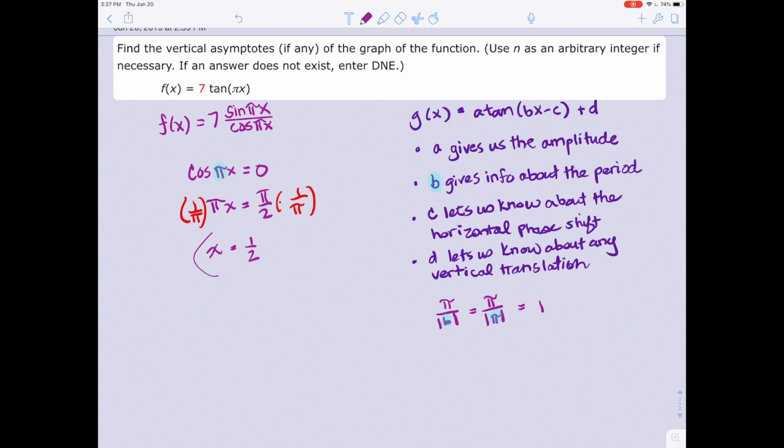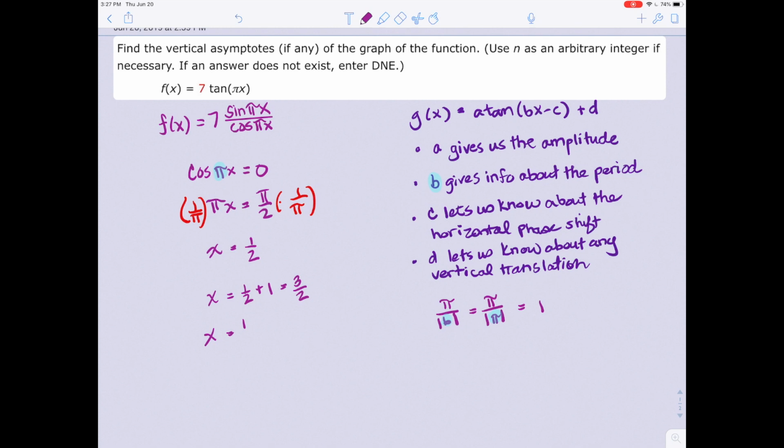We found the location of our first asymptote, right? And then if we add 1 to that, what would we get for our next asymptote? Well, x would also have a vertical asymptote at 1/2 plus 1, which is 3/2.